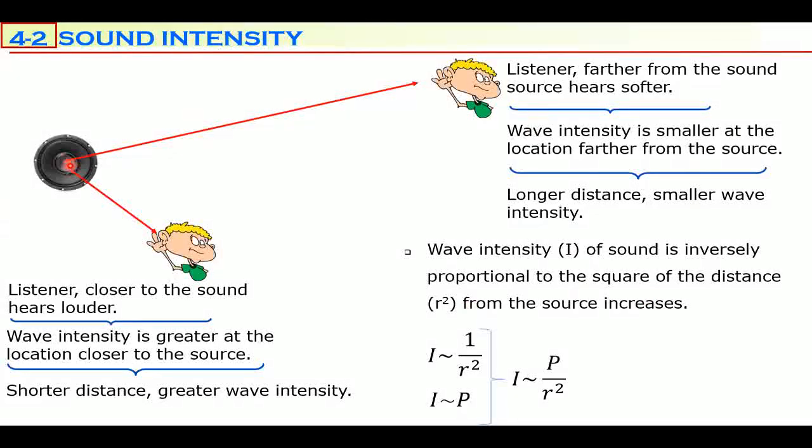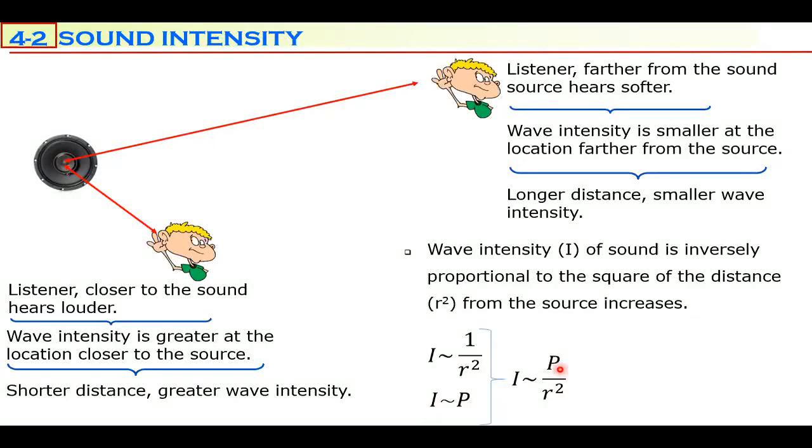If this distance is R, sound intensity I is inversely proportional to the square of the distance from the source. Combining these two relationships: sound intensity is proportional to the power of the source, and inversely proportional to the square of the distance. So sound intensity is proportional to power over R squared.